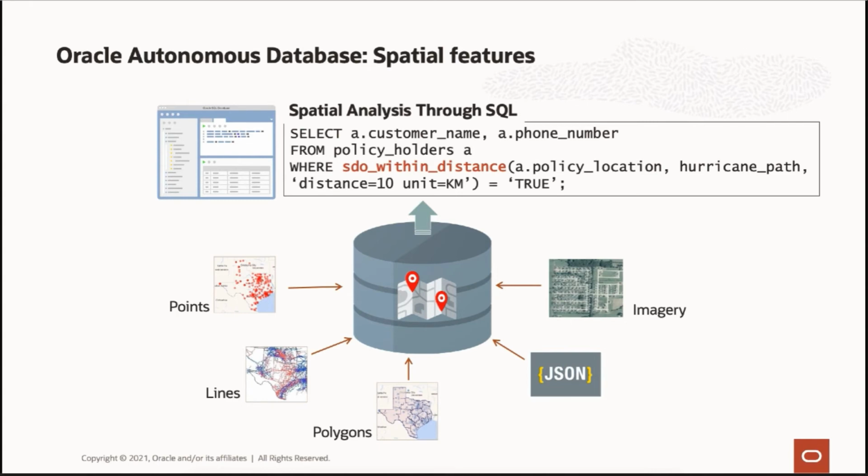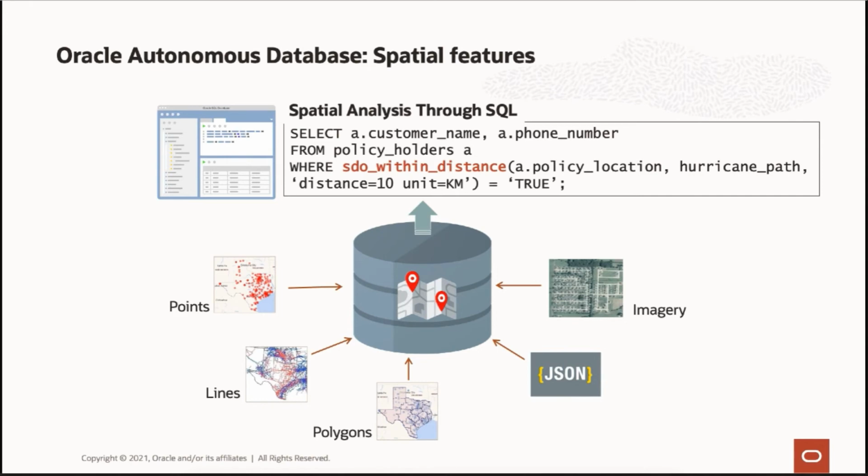In addition to our native spatial data type, we can store JSON representations of that data, as well as geospatial imagery, satellite imagery, drone imagery, and so forth. Along with the ability to natively manage that kind of information, we have a vast API for processing and analyzing that information through standard SQL and PL/SQL.